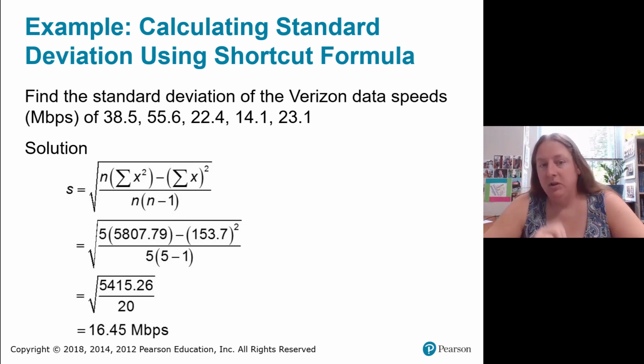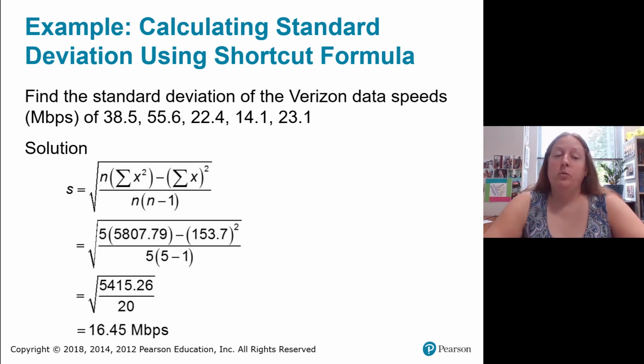And we're going to subtract from that the sum of all of our data values, squared. So the sum of all of our data values is 153.7, and we'll need to square that. Following order of operations, we'll square 153.7, and we'll multiply 5 times 5,807.79. Once we've done those two things, we will subtract the result, and we'll end up with a numerator of 5,415.26.